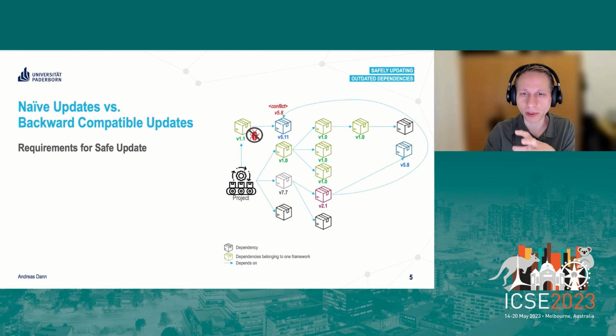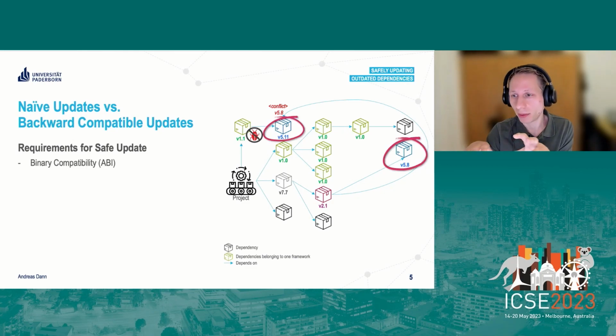So there are multiple requirements a safe backward compatible update has to fulfill. First, the updated blue dependency and the previous one need to be binary compatible. So the API needs to be binary compatible so that the pink package actually links and runs successfully with the new blue one.